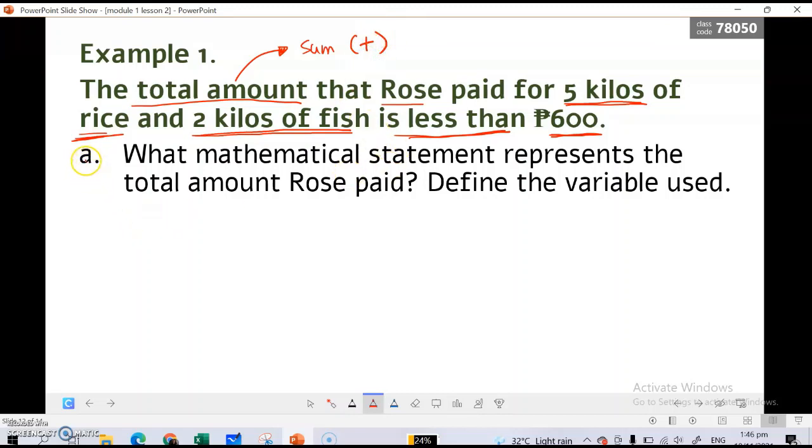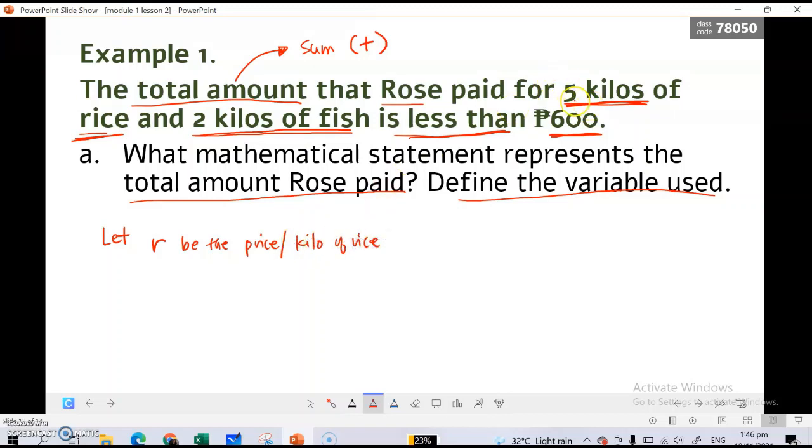So, for letter A, we have here, what mathematical statement represents the total amount Rose paid? So, kailangan muna natin i-define yung variables na gagamitin natin dito. So, nakalagay, bumili siya ng 5 kilos of rice, pero hindi mentioned kung magkano ang kilo ng rice. So, pwede nating lagay, let R be the price per kilo of rice. Okay?